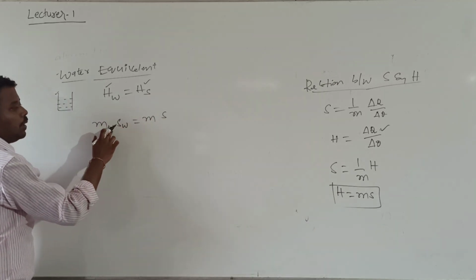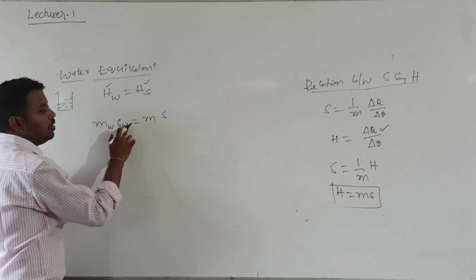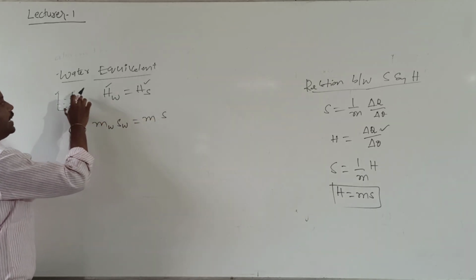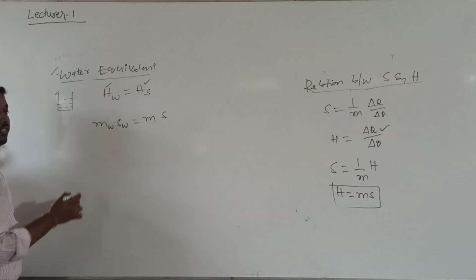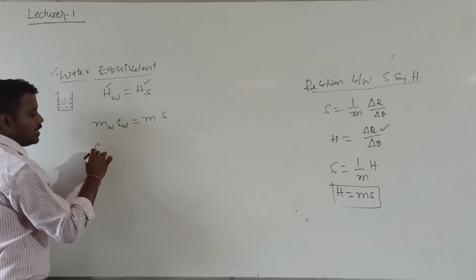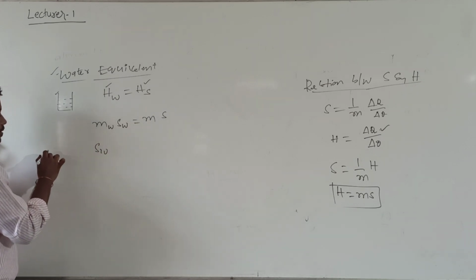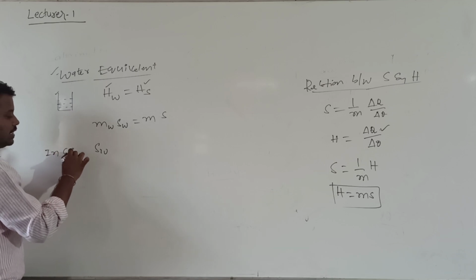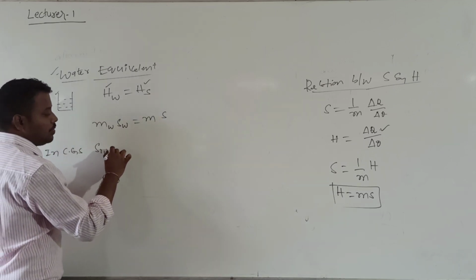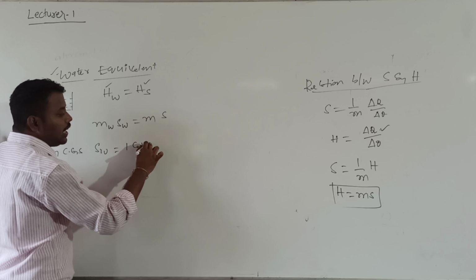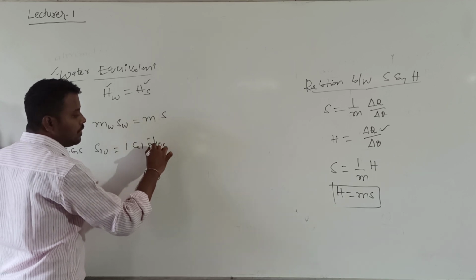Then if mw into sw is equal to m into s, then that substance is called a water equivalent. But the sw value in SI system, first I write in CGS system. In CGS system, the sw value is 1 calorie gram inverse centigrade inverse.